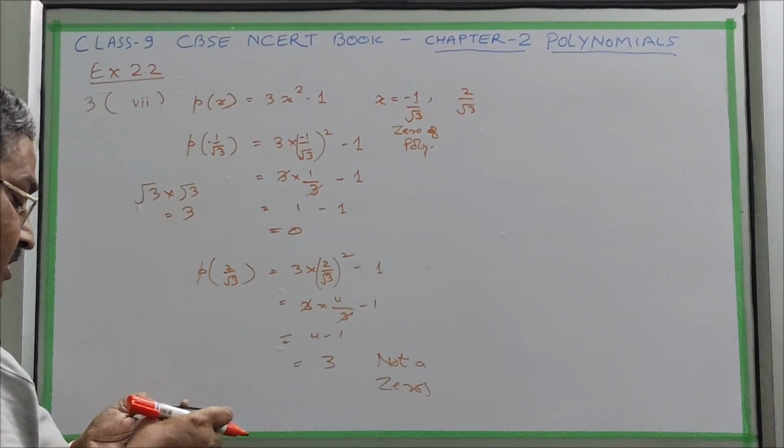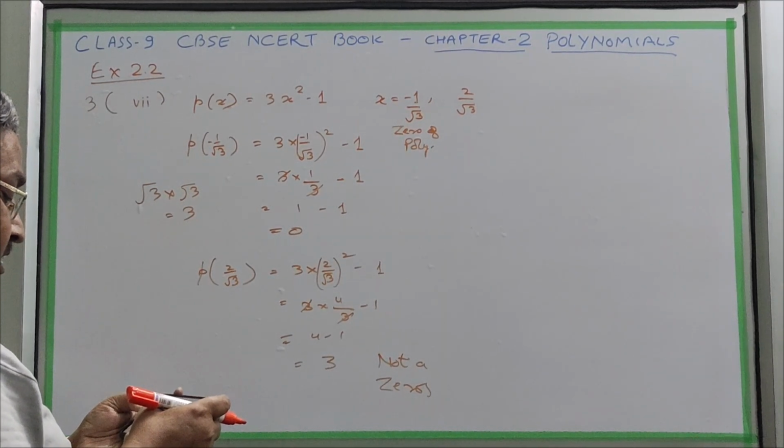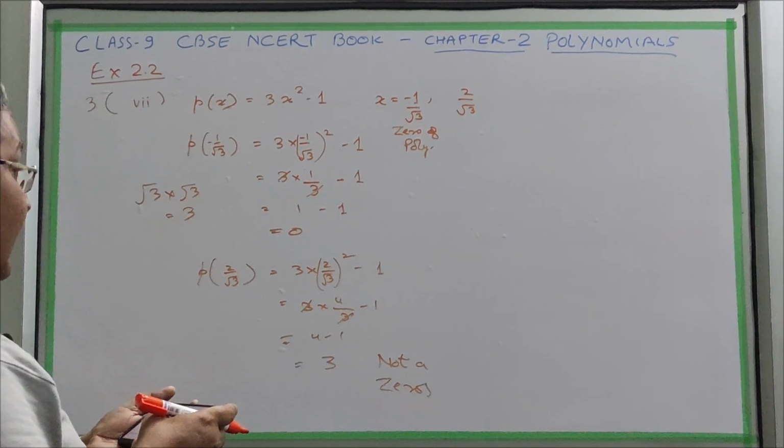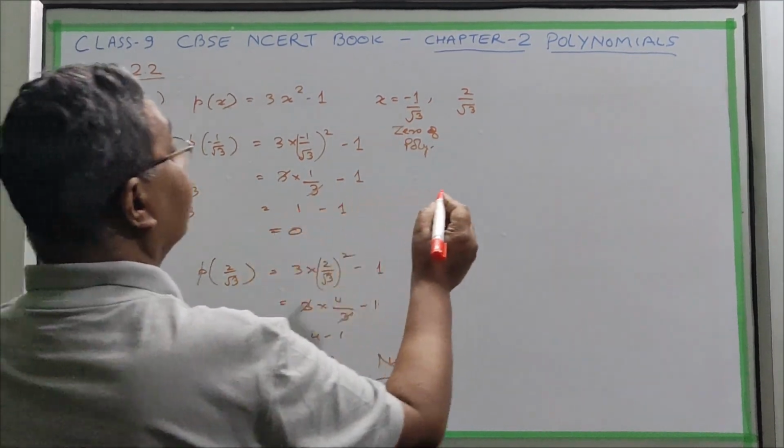Now question number 4 we are taking. Find the zero of the polynomial in each of the following cases.